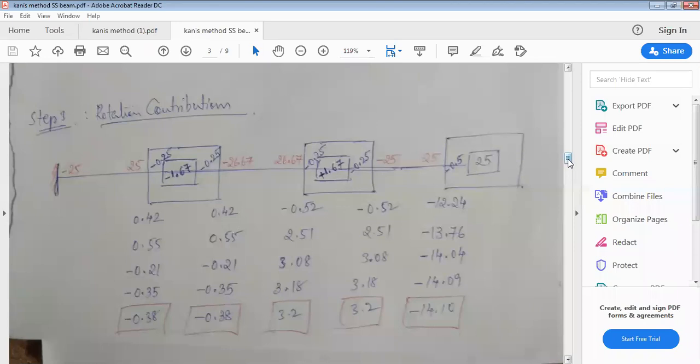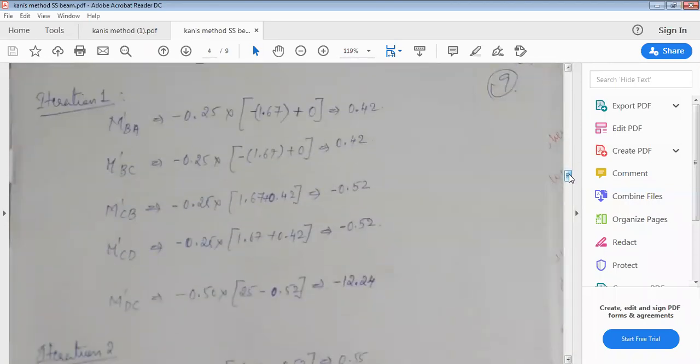The same thing we have entered here to get this value. So I'll get minus 0.52.